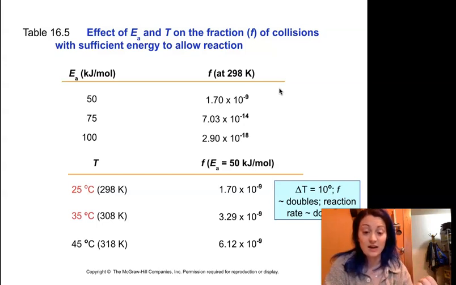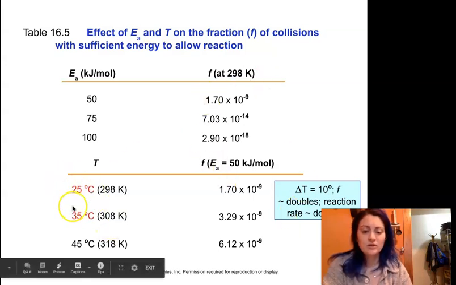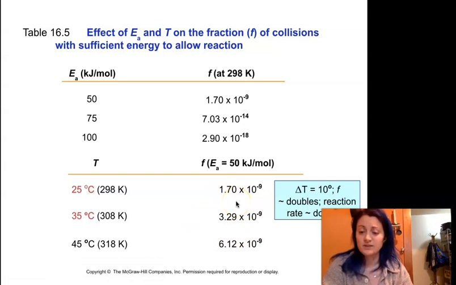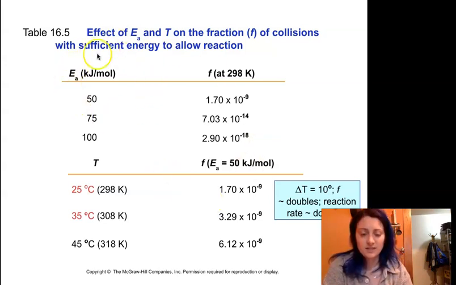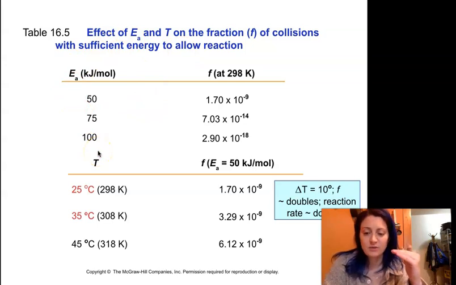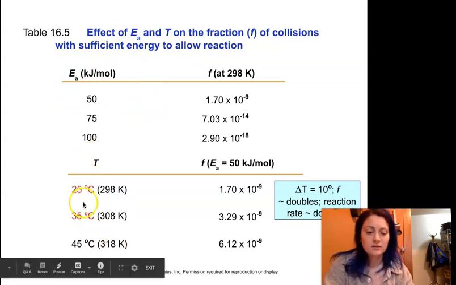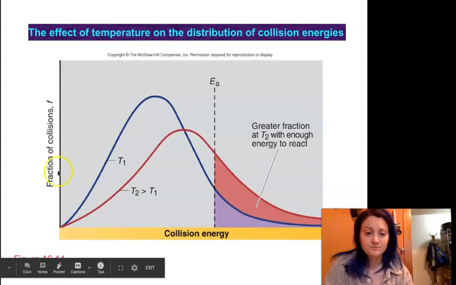So that's linear, not exponential. If you increase temperature by 10 degrees, you approximately double the frequency of the collisions. You multiply by 2. So very different dependence on activation energy, that threshold energy requirement, and the speed at which particles move.